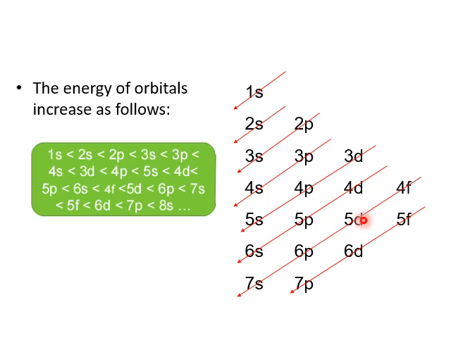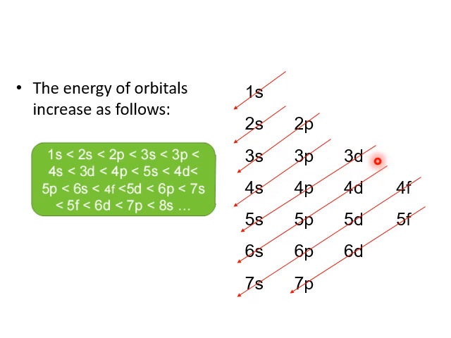So this is the way it is called. 3p is always lower than 4s. 4s is a bit higher. 3p has a lower energy compared to 4s, and 4s has lower energy than 3d. 3d has the highest energy compared to 4s.